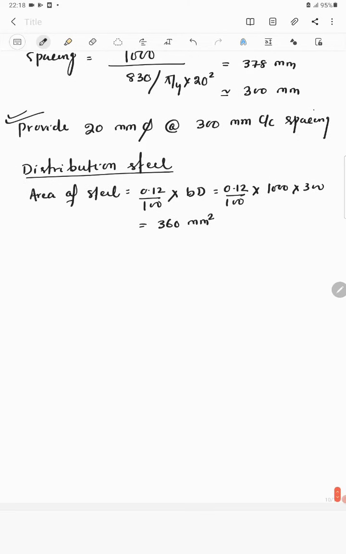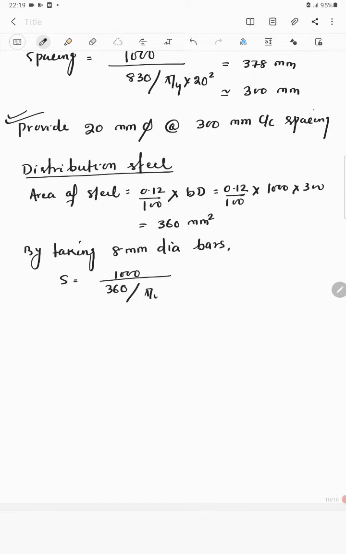If you take 8 mm dia bar as distribution reinforcement, what will be the spacing for 1 meter width? Required area divided by area of single bar is equal to 130 mm.